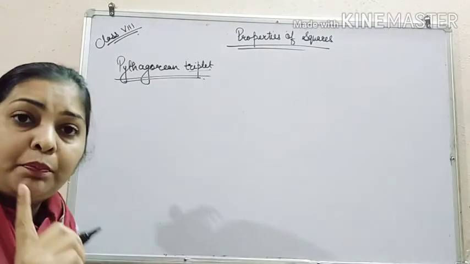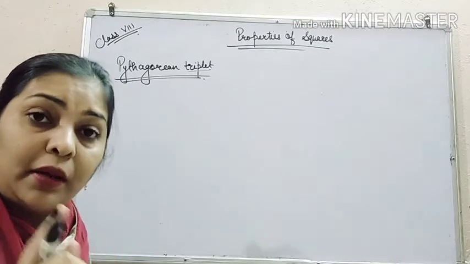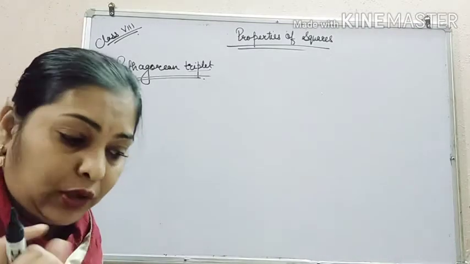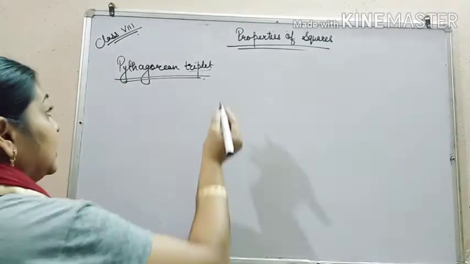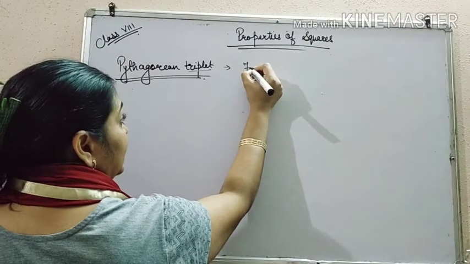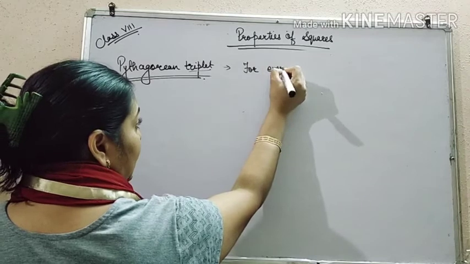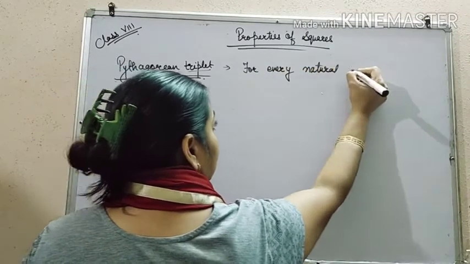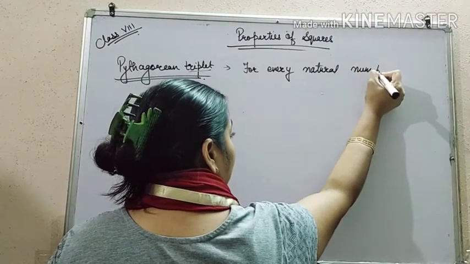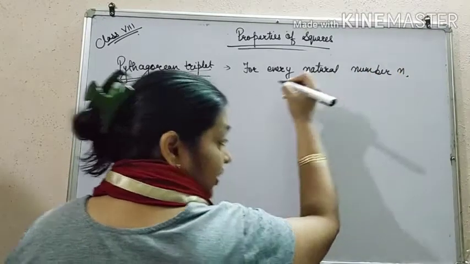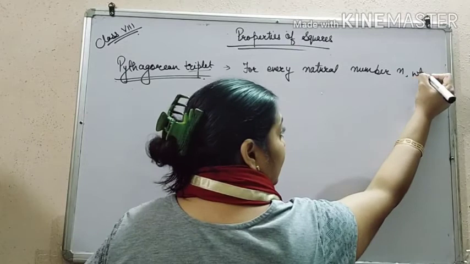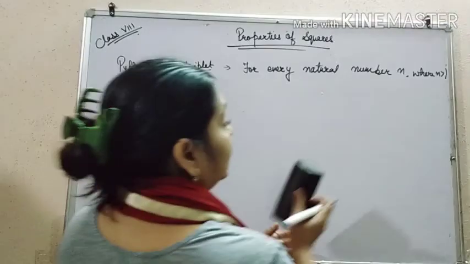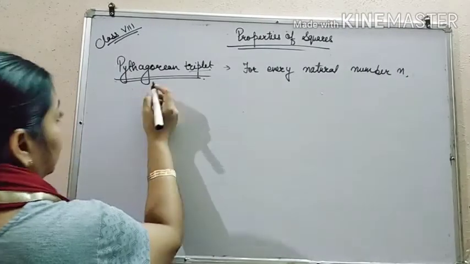Pythagorean triplet. In Pythagorean triplet, the numbers are supposed to follow a certain formula. And what is that? It is for every natural number n, where n is greater than 1. Let me write it over here.